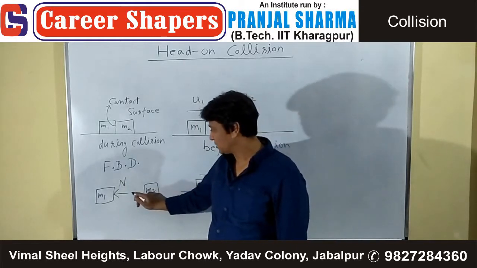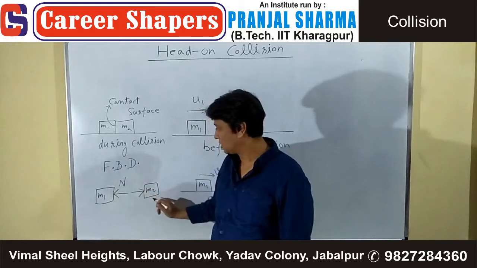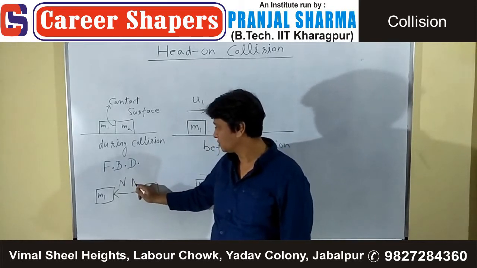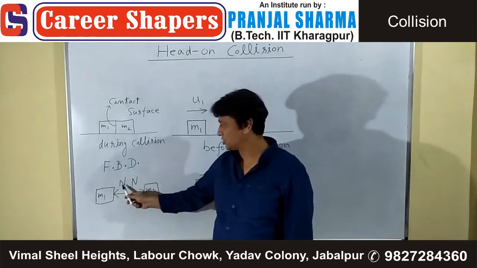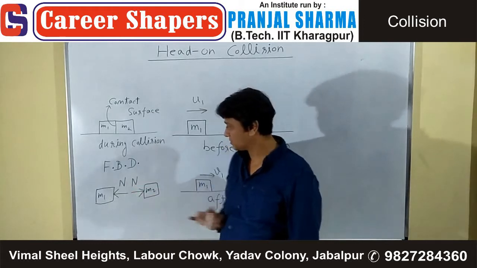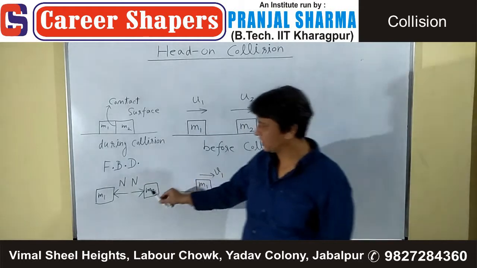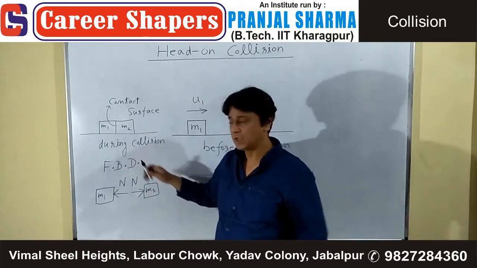This is the contact surface. Normal reaction force acts normal to the contact surface and towards the body. This is N. If this is action, then this is reaction. They both are equal but opposite. This is the situation during collision.